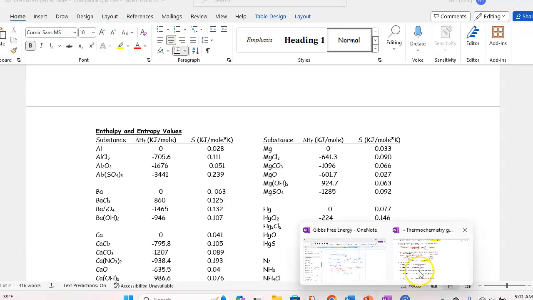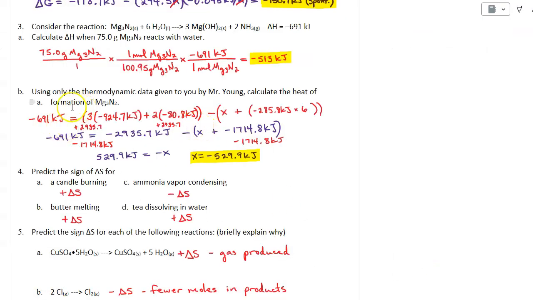But if you know the delta H overall for the reaction is negative 691 kilojoules, which was of course given to us up above, we can just basically set up delta H for the reaction equals products minus reactants. And one of the reactants we don't know, and that becomes my X. That's my Mg3N2. So that's what X represents. Okay?